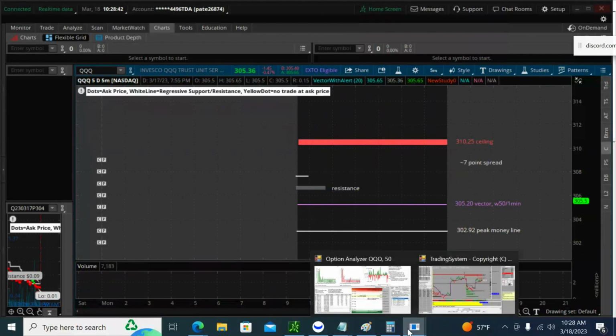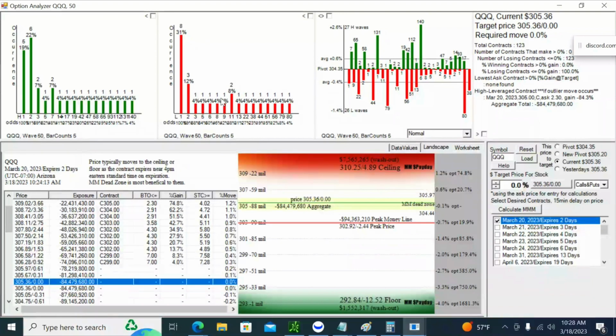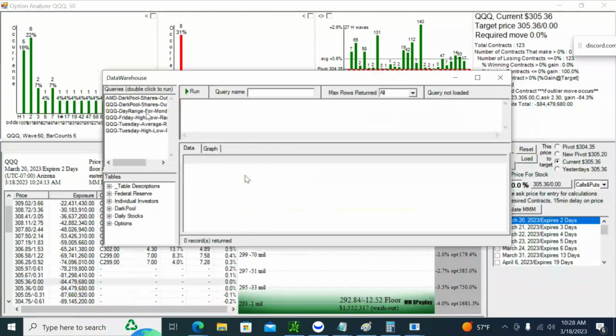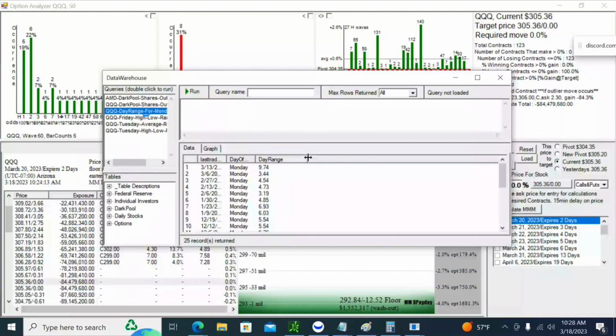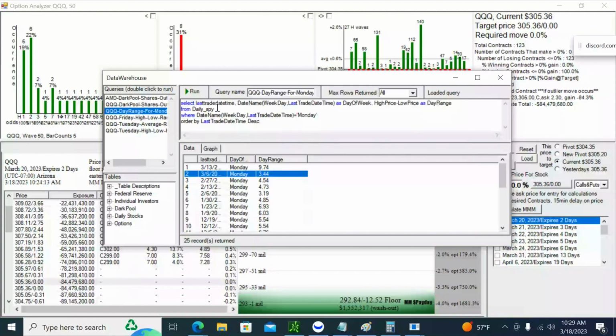Now, if we come over here, what I like to do, I already have the query set up. So here's our ranges for Monday. Let me do the average.